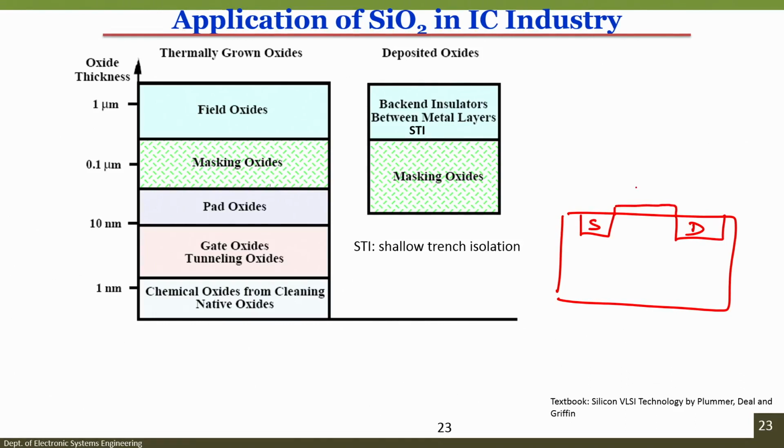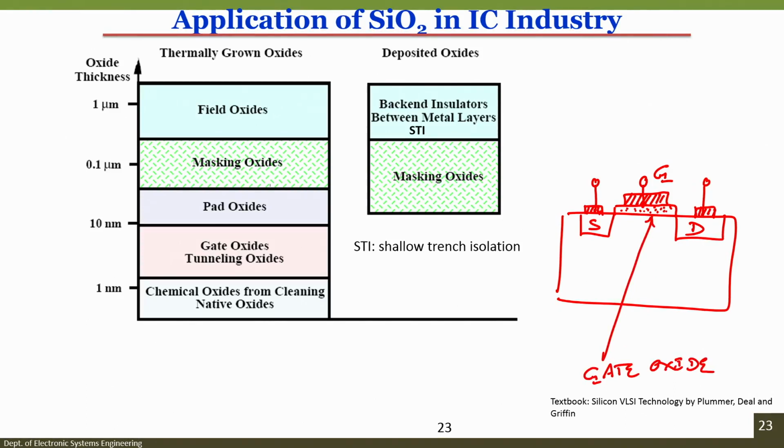These can be metal contacts, a contact for source and a contact for drain, and this oxide is your thin layer of SiO2, which is also called gate oxide.